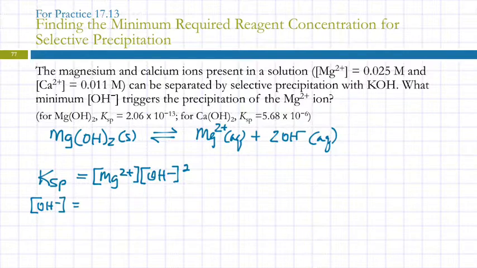So that's going to be KSP divided by magnesium ion concentration, and we need the square root because this was squared. So I took KSP, I divided by this, and I took the square root to get rid of the square.